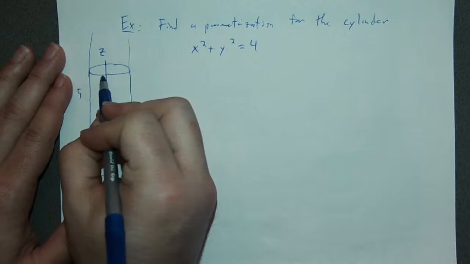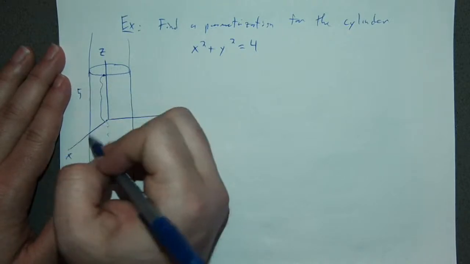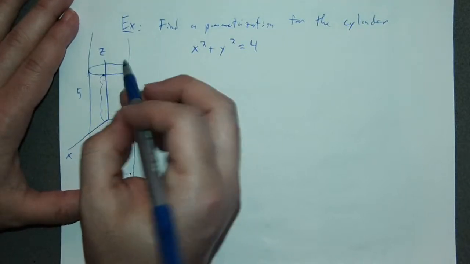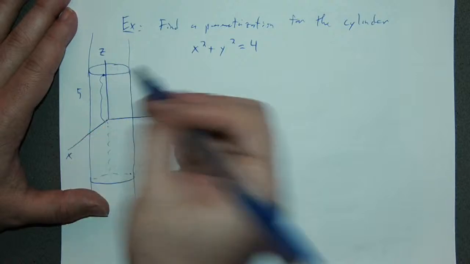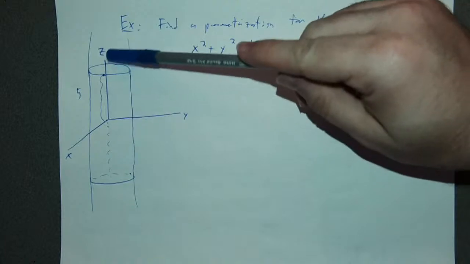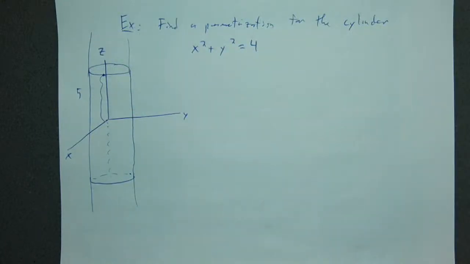So what would I do? I would come 5 meters up the cylinder, and here, along this circle that's determined by cutting off a cross section at 5 meters up, I would need to tell how far around the circle I am. So that tells you right there, what are the 2 parameters you think you're going to need? Well, a height, that's given by z, and how far around the circle you are, which is given by theta.